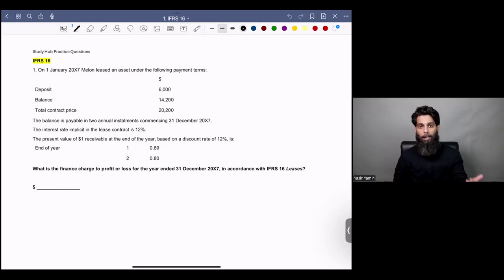Once you have done that, you will be preparing for subsequent measurement. You will be preparing a lease amortization schedule. Every time you prepare a LAS, it will have 5 columns. You will have date, rentals, interest payments, balance finance lease obligation, decrease in finance lease obligation and balance finance lease obligation. And thereon, you will recalculate your lease liabilities at each period of time.